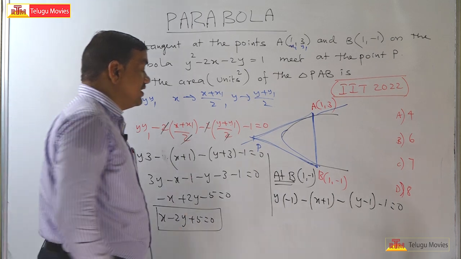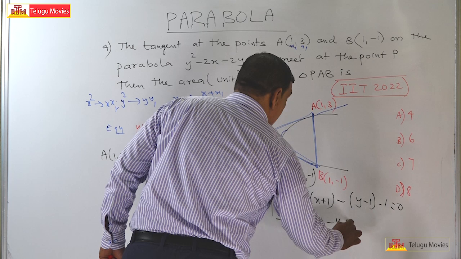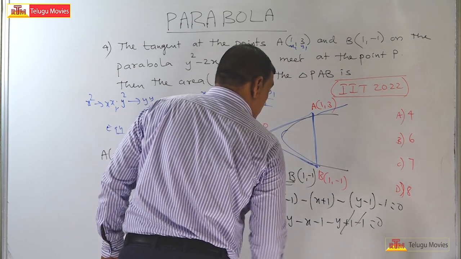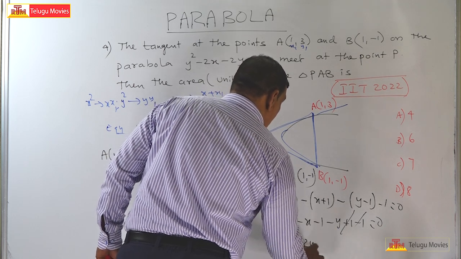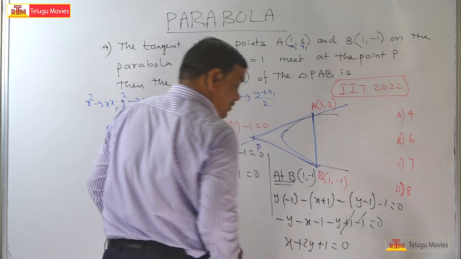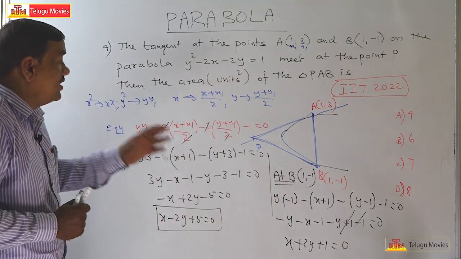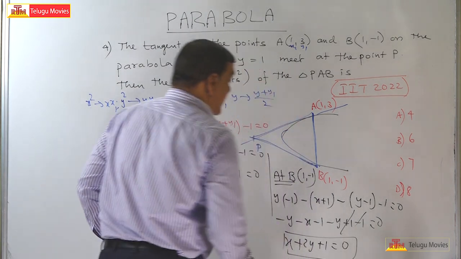So let us calculate: minus y minus x minus 1 minus y plus 1 minus 1 is equal to 0. The plus 1 minus 1 cancel. So this is x minus 2y, that is x plus 2y plus 1 is equal to 0. That is the equation of the second tangent.